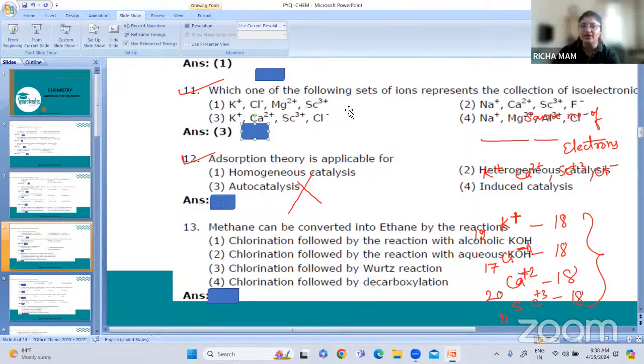Vilingakani has answered it as 1. Others? So how can methane be converted into ethane? Methane is this, and it is converted into ethane. Vamshi Krishna has answered as 2. Vidya has answered it as 3.